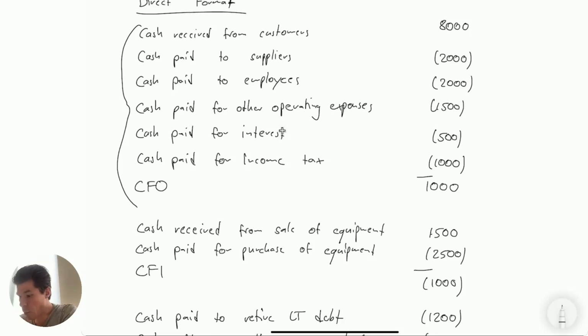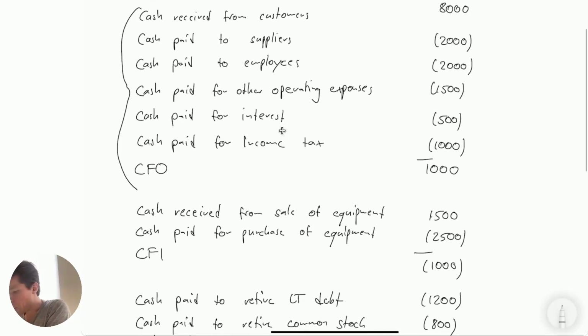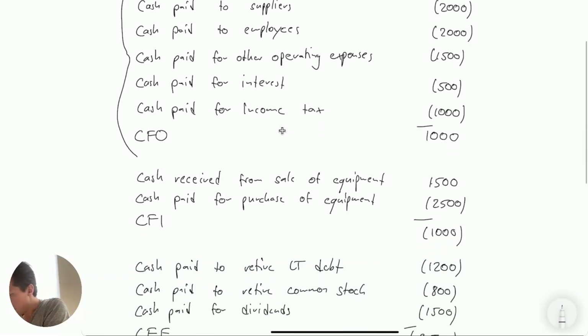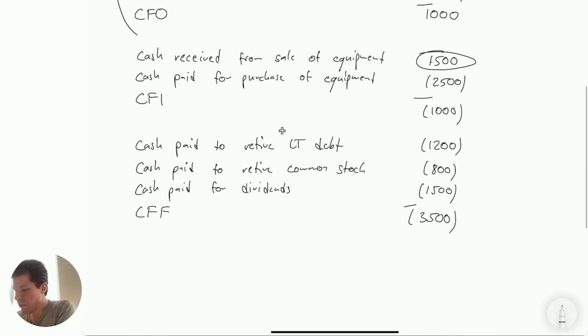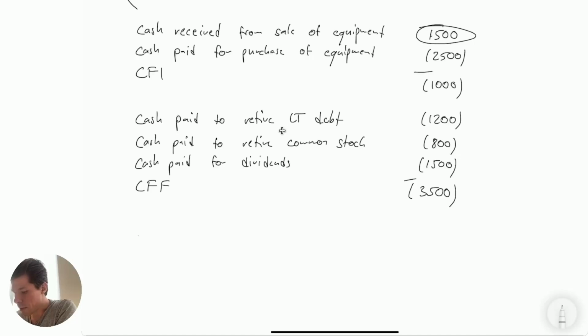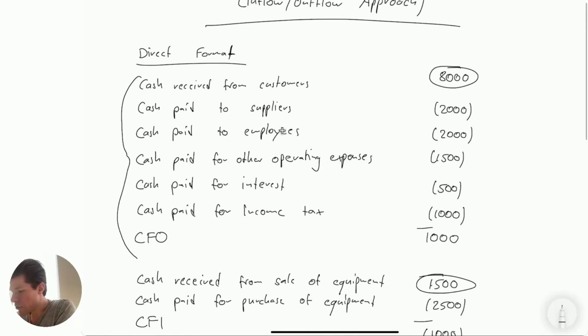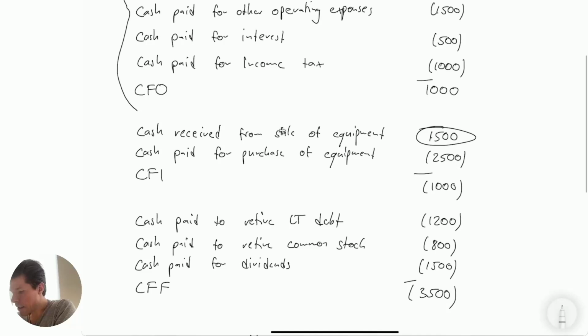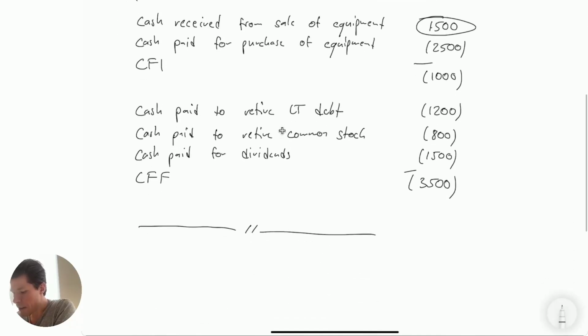So as always, what are you going to do? You look at the two inflow items, which is this one and this one, and you basically write them down again. I don't do this now to save some time. So you write cash received from customers, cash received from sale of equipment. So you have those two items here. This is your inflow section.